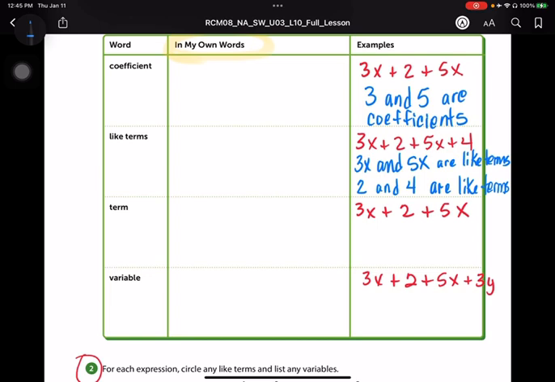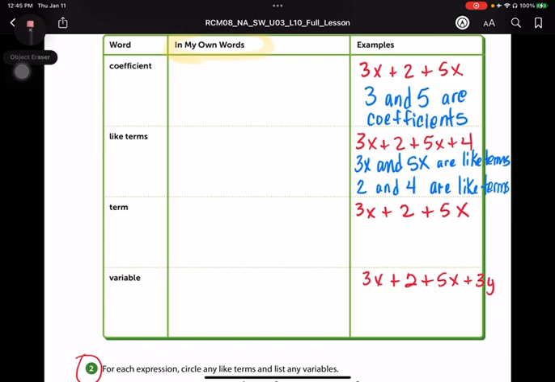Okay. For term, you could have had a number, a variable, or a product of a number and a variable. So for here, the expression has three terms.